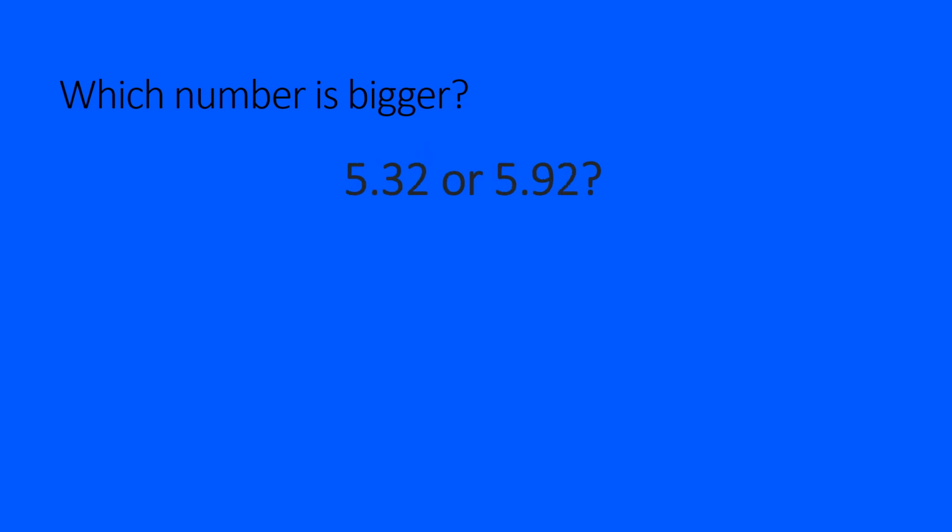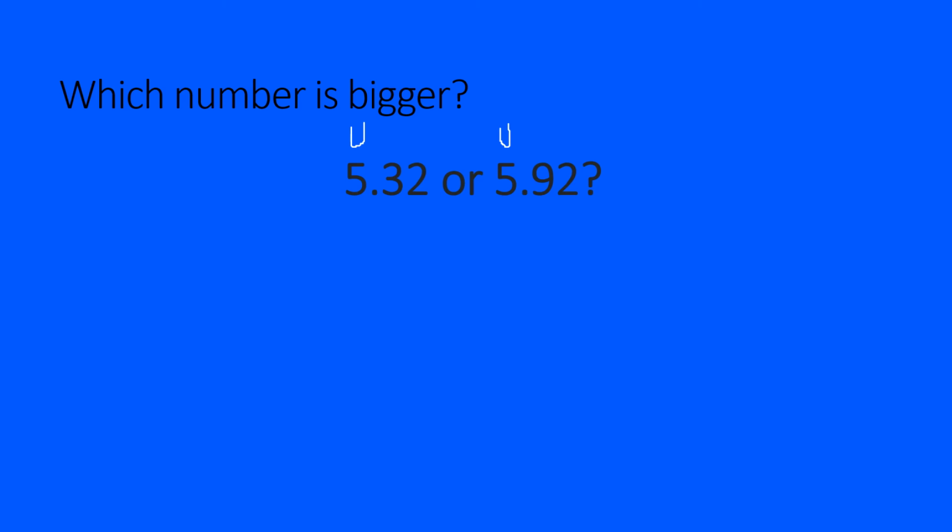Which number is bigger, 5.32 or 5.92? Remember, we start off by looking at the columns on the left. So the columns on the left for both numbers is the units column. Both of them have 5, which are equal in value. Because they're the same, we move on to the next column.